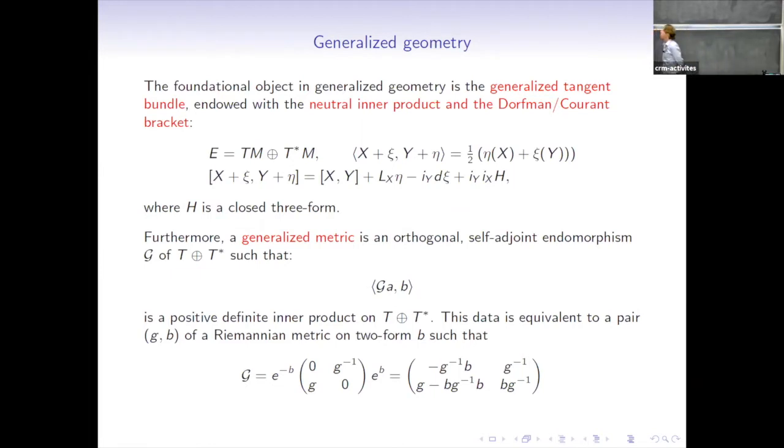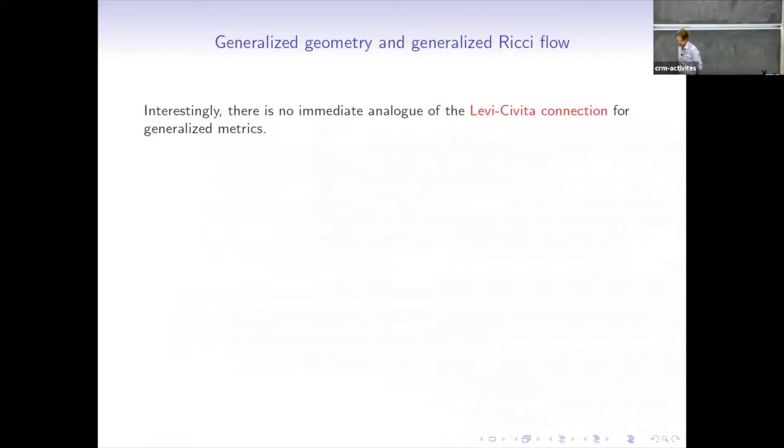Okay. So we have a structure, the bracket, and we have a metric. The next question I want to ask is what's a natural connection? What is the story there? Because it doesn't seem to be an analog of the generalized metrics.